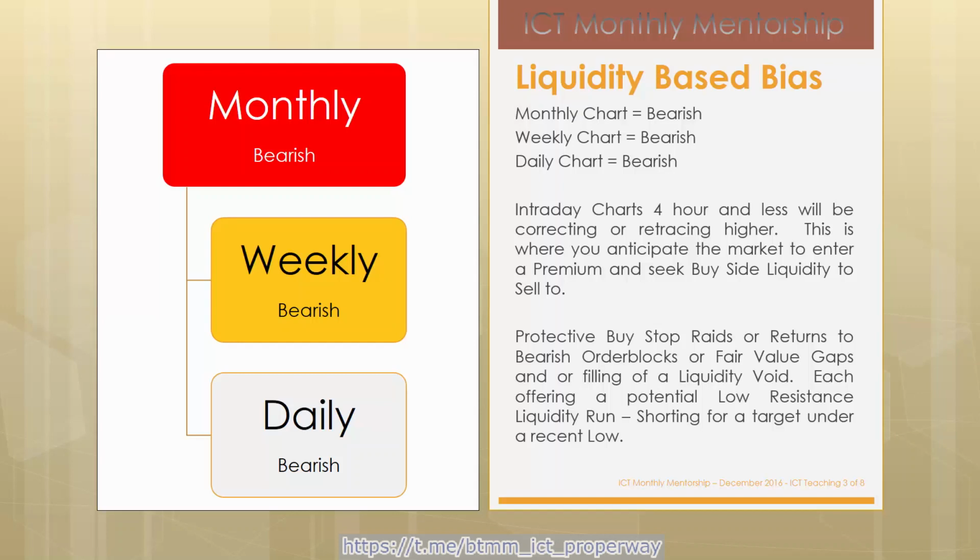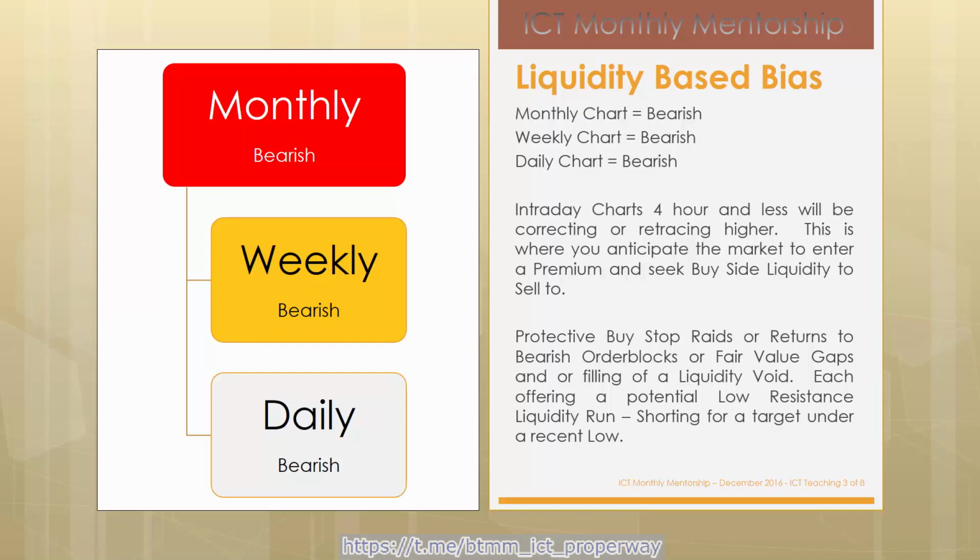Primarily, you're going to be trading in the direction of the monthly chart because that's where the large funds and institutional order flow is going to begin. And then it moves down into the weekly chart, then it moves down into the daily chart. The daily chart is the most dynamic of these three time frames, and you'll see a lot more trades that actually counter long-term higher time frame institutional order flow.